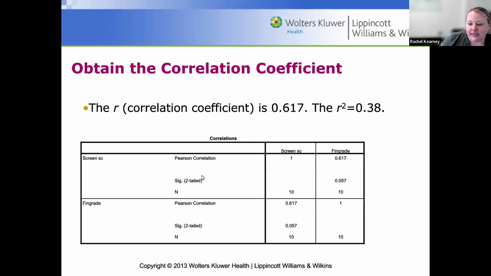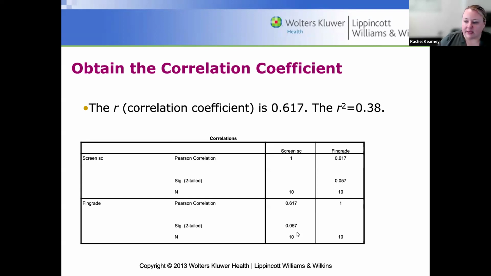So when we calculate the Pearson correlation, we can see that the correlation coefficient is 0.617. So that's a probably moderate correlation. And our significance is 0.057.